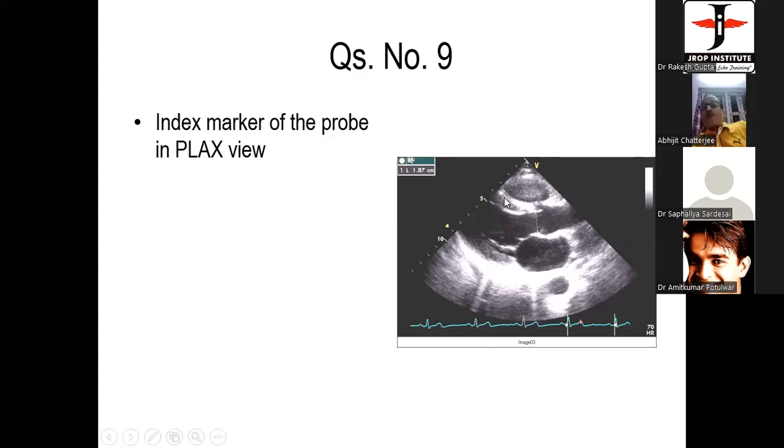So, what vessel? LAD. And what branch of LAD? It perforates the septum. That is D1 and D2. No, it is S1 and S2, septal perforator 1 and 2. Will you remember that, please? Yes, sir.